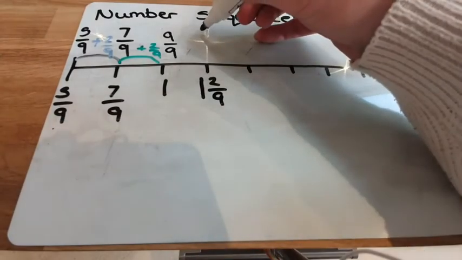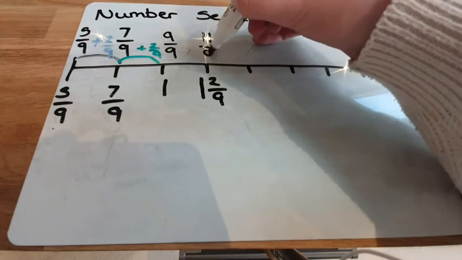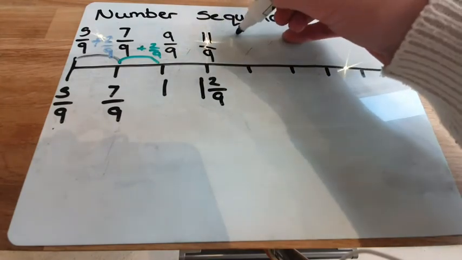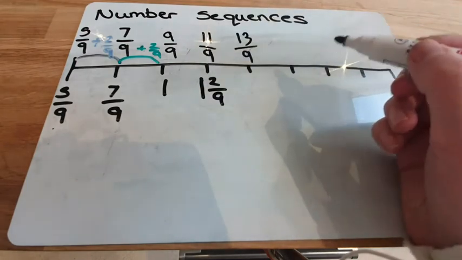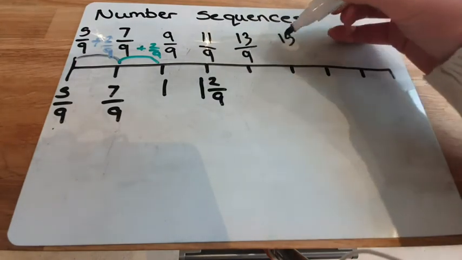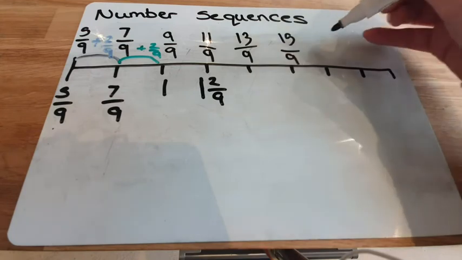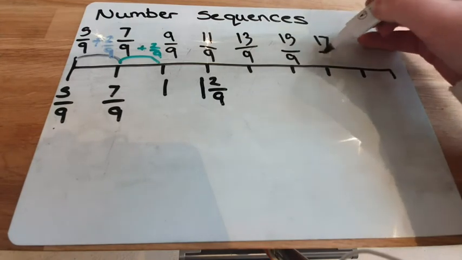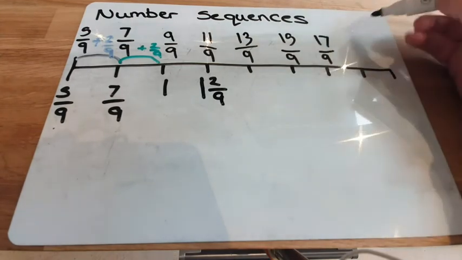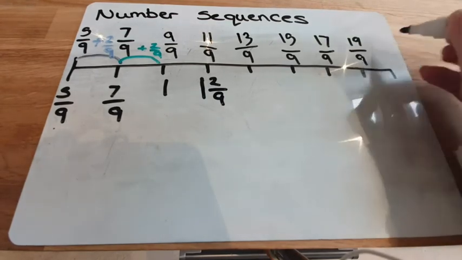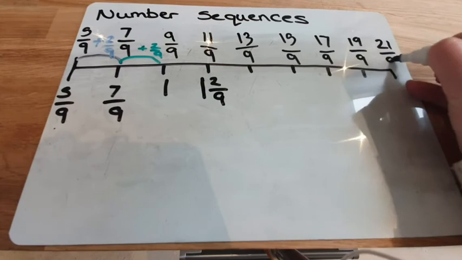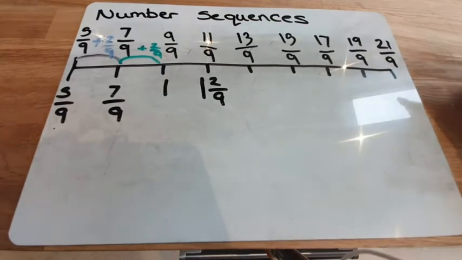Then it's 11, so you just add 2 to the top number. 13. What would the next one be? 15. 15 add 2. 17. Okay, so that top line was quite easy, wasn't it?